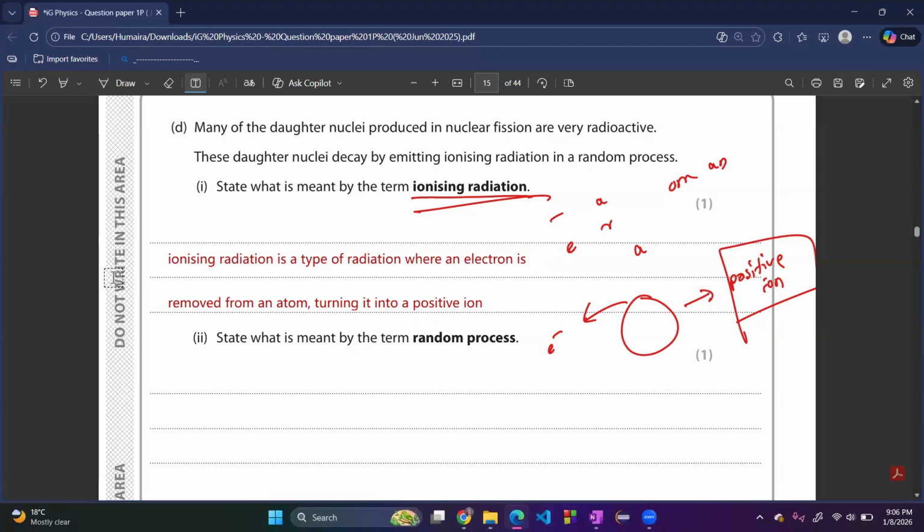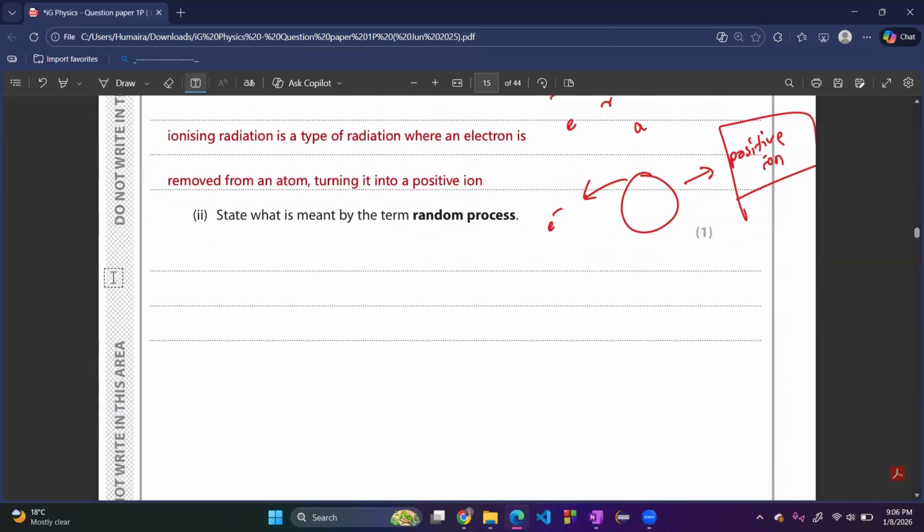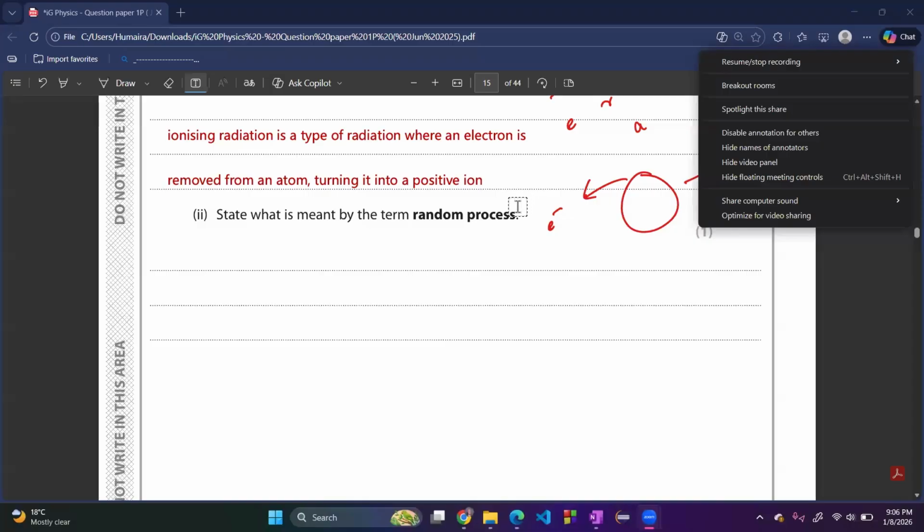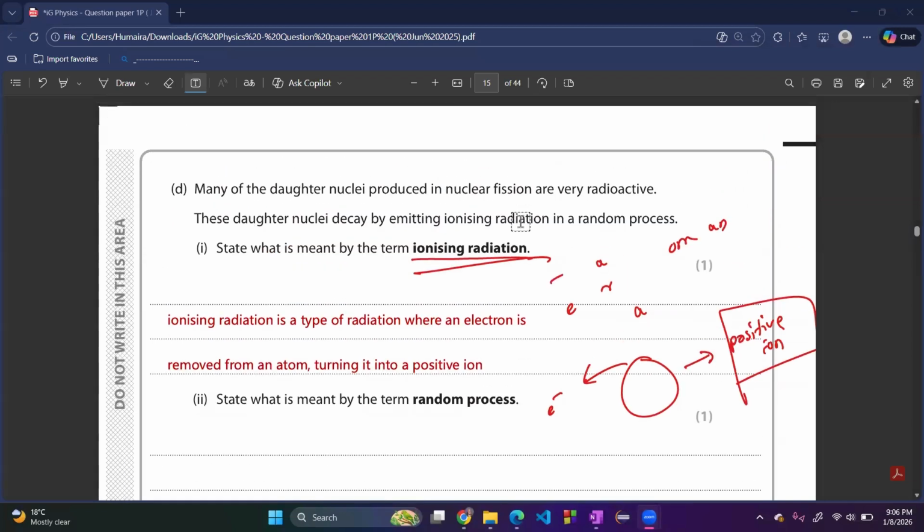Done. Now, next I have asked, state what is meant by the term random process. Random process basically means something where you do not know exactly when or what is going to happen. Like, you know what is going to happen, but you do not know exactly when it is going to happen. That is random, right? So in this case, what does the definition say here?